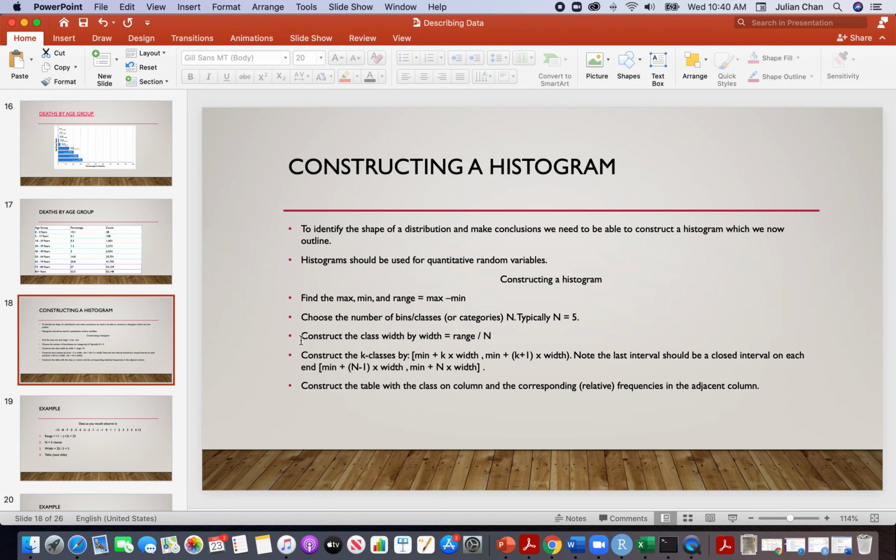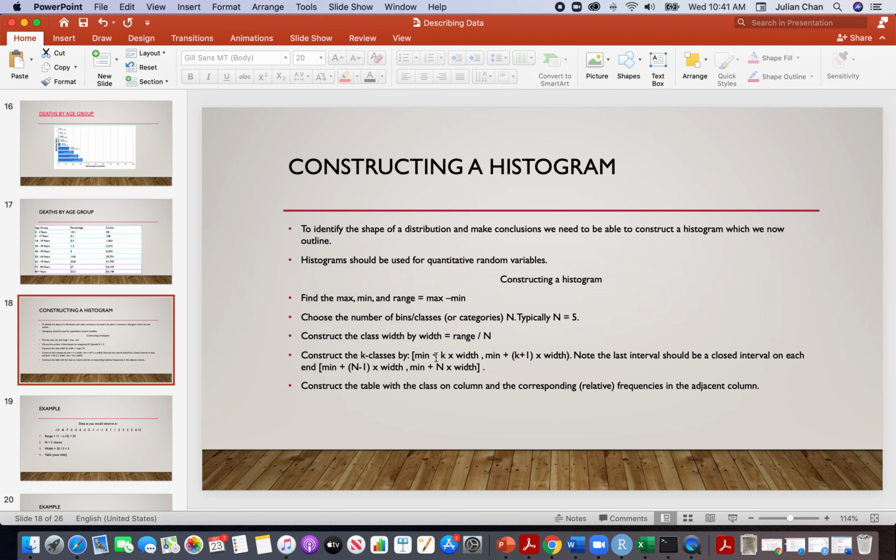Okay. And so now you need to construct the class width, which is nothing more than the range divided by the number of bins, and that's your width, okay? Then you have to construct your K classes or bins, and this is how you do it.